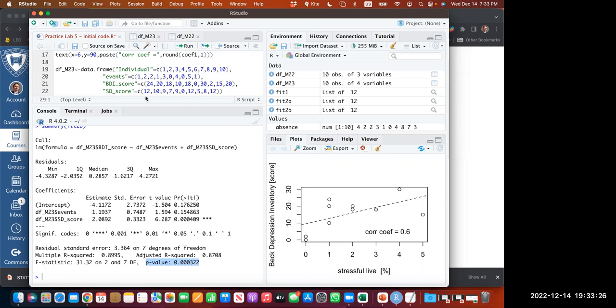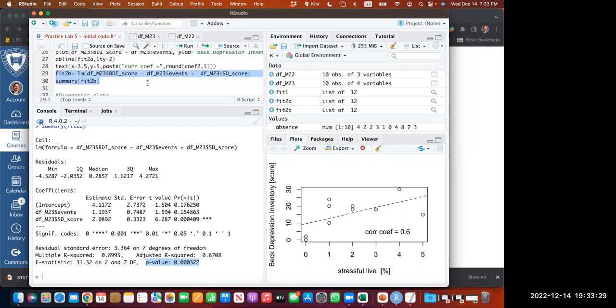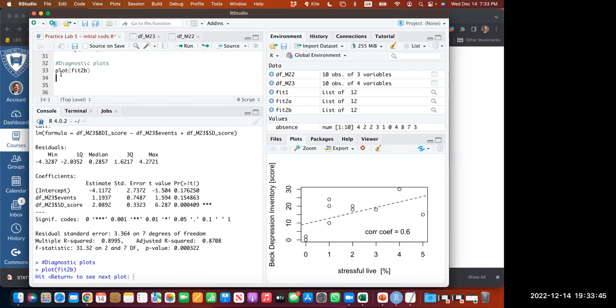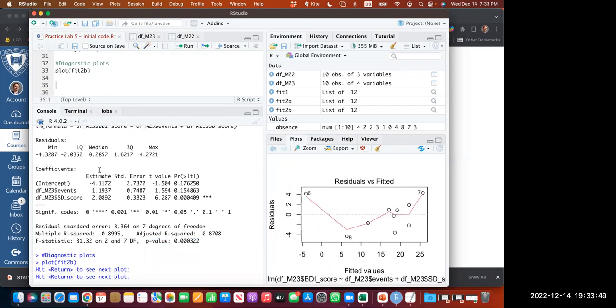Good. Last but not least, 2 more minutes. Okay. So we have here in line 33, we have plot fit to B. If you plot your model, what you will get from R is quite elegant, because in regression analysis, you will need to run diagnostic plots to understand the dynamics of your residuals.